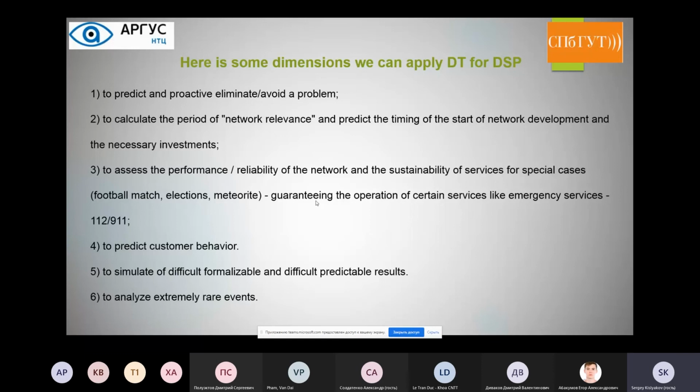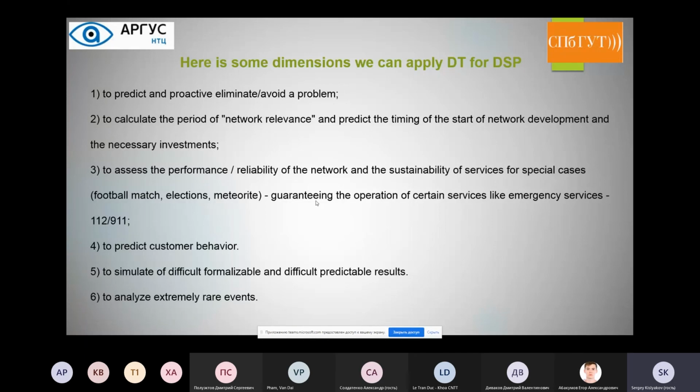For example, analysis of extremely rare events, when a knowledge base of a large operating company is formed for cases of events that are difficult to predict and analyze, for example, a meteorite crash or something like that.